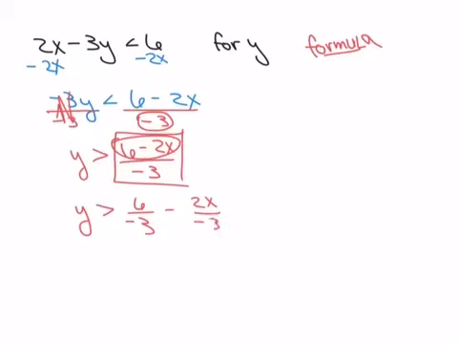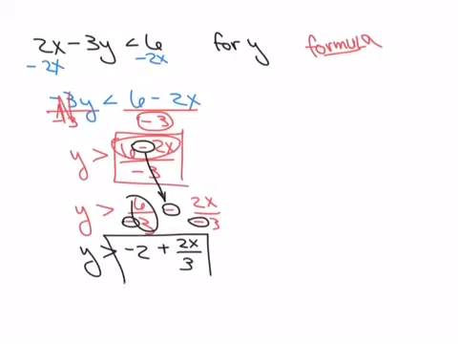So I can split those fractions up and keep the minus sign there. Let's go ahead and simplify this. y is greater than 6 over 3 is 2, and then we have a negative. A positive over a negative is a negative. We also have a minus minus, so that means two negatives give you a plus.